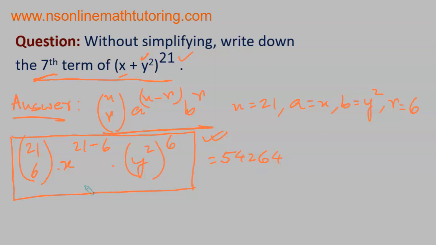Times x to the power of 21 minus 6, which is 15, and y to the power of 2 times 6, which is 12. So this is the simplified form of the 7th term, but you are not required to give this. You have to give this form as the answer.